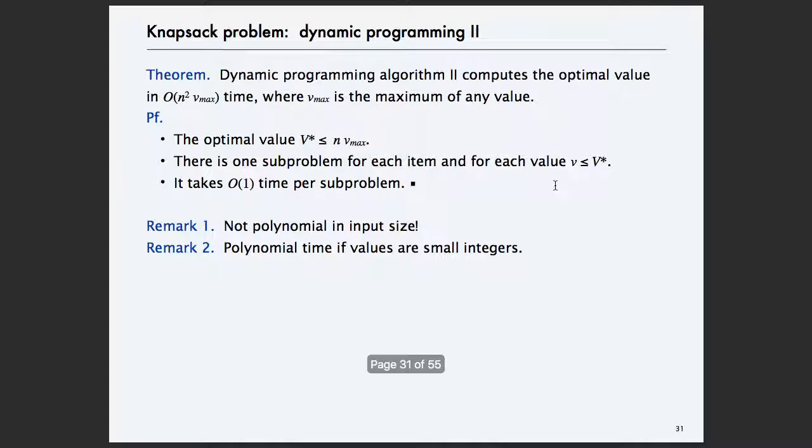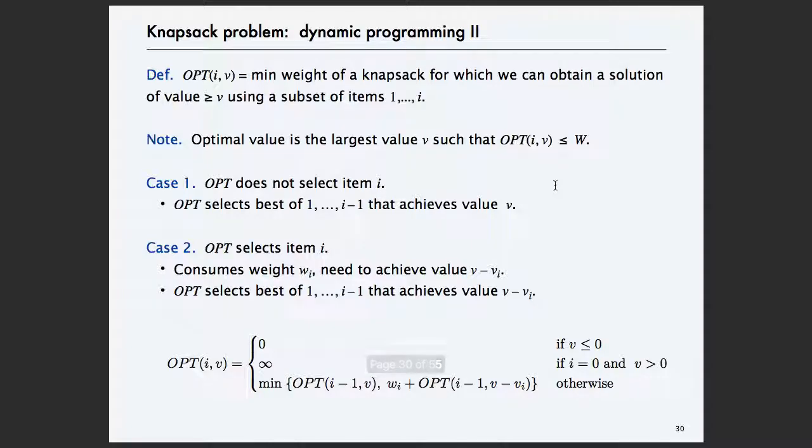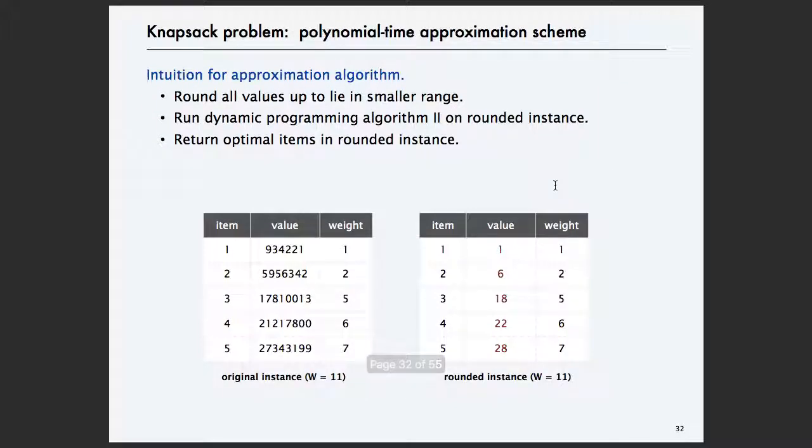We would have a similar dynamic programming solution. Here's a really cool thing. What's my problem? When W is big, I'm doomed. Well, let me just divide my W's so that they are small.